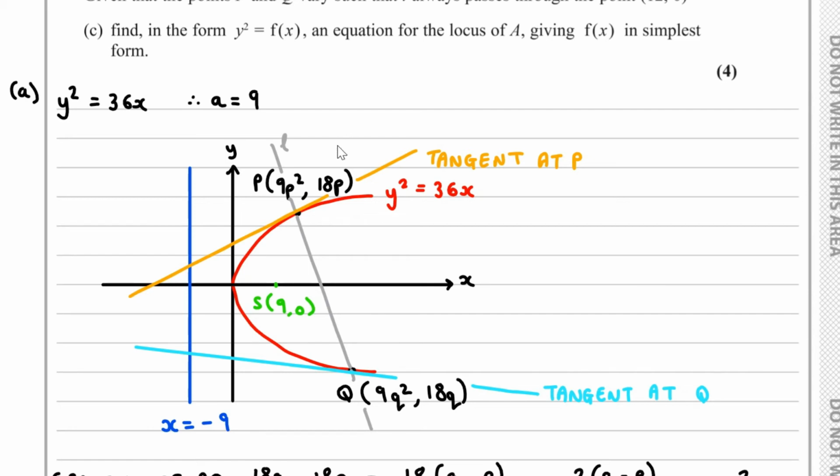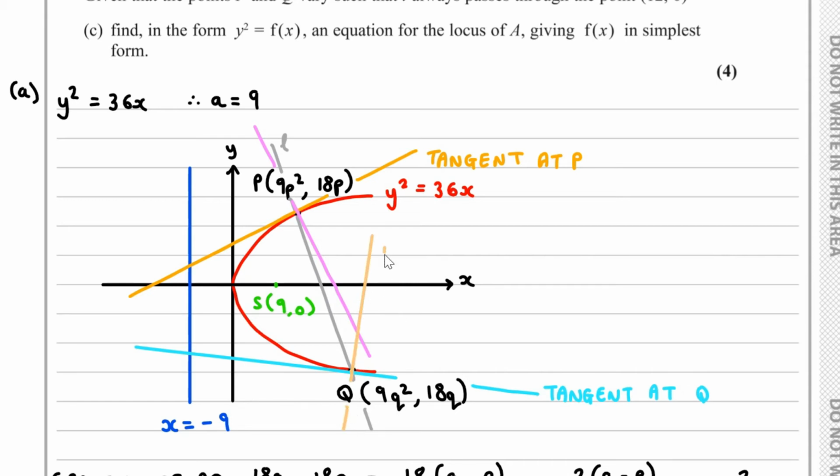So the normal to P, that will be what's here. So here we've got the normal to P, we'll write that down later, and then here we've got the normal to Q, which is shown over here.